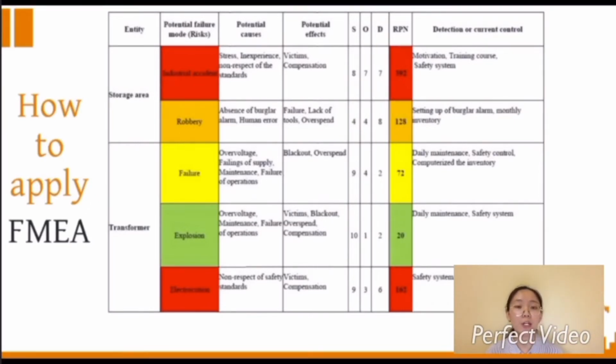As you could see, the human error has severity 6, occurrence 8, and detection 7. This value is not randomly picked, but it is picked by a brainstorming from the safety manager.